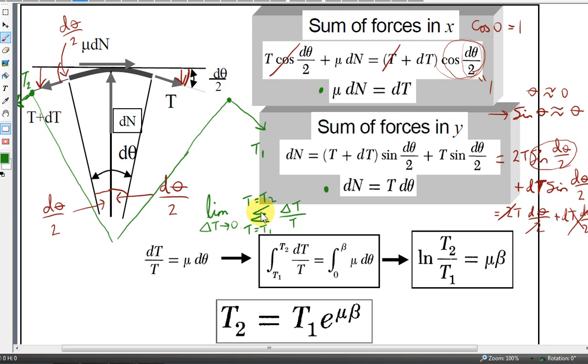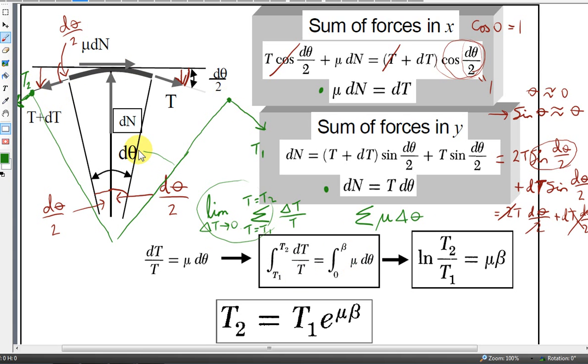And as we've seen, all of this here is replaced with an integral sign. We're integrating from T1 to T2, and we replace delta t with dt. Well, that's what we saw in previous videos. And on the right hand side we had mu times d theta. So we would be summing these quantities from the smallest value of theta.